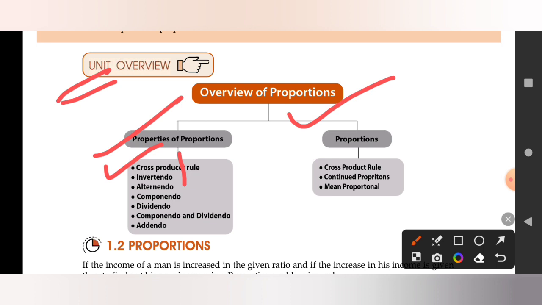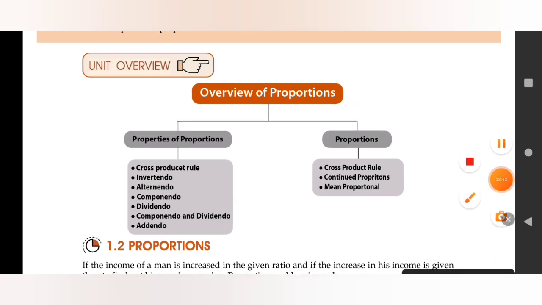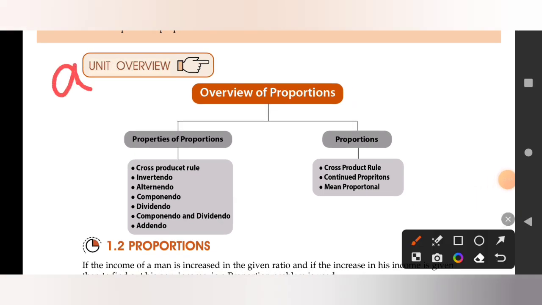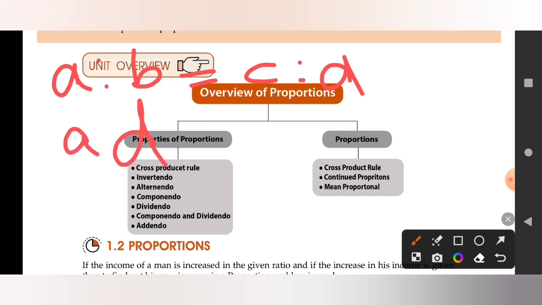What do you remember? You can remember it with words: product of extremes is equal to product of means. So A is to B is equal to C is to D is given. So product of extremes, that is A into D, is equal to B into C. You can write it here.